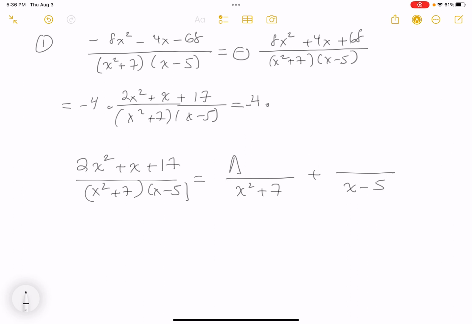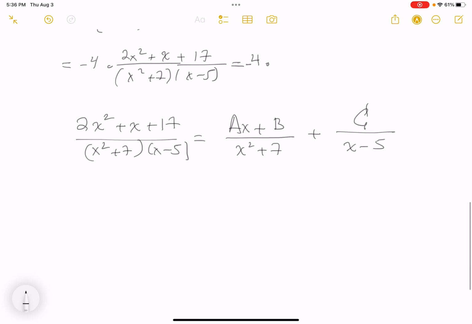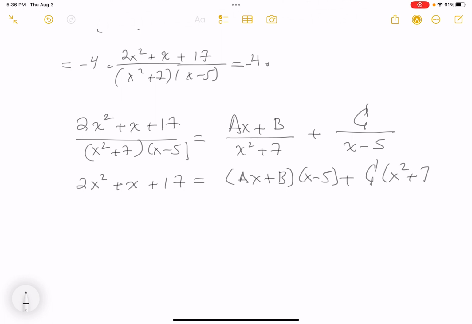So I'm going to say ax plus b over x squared plus 7, plus c over x minus 5. I'm going to multiply both sides of this equality by the LCD. And what do you get? 2x squared plus x plus 17 equals ax plus b times x minus 5 plus c times x squared plus 7.